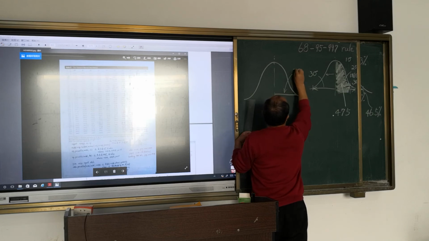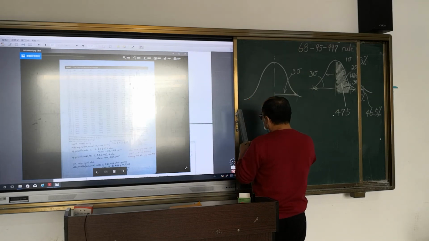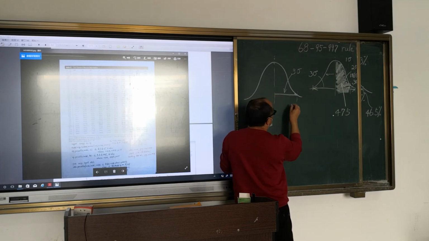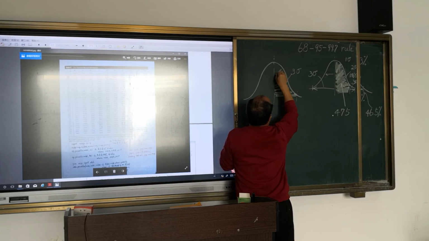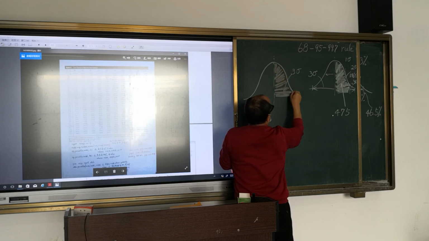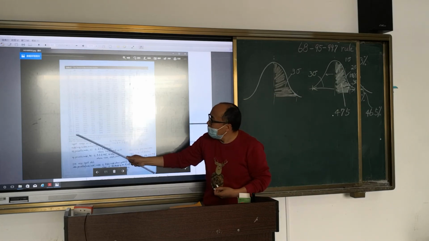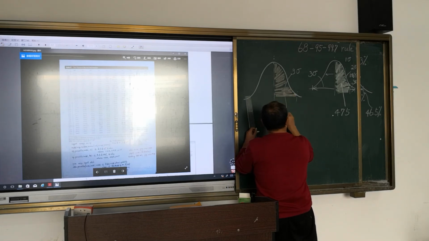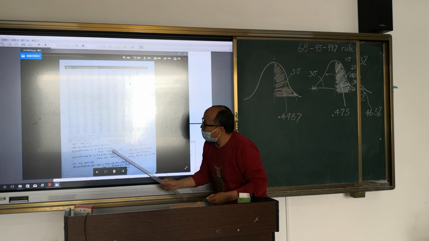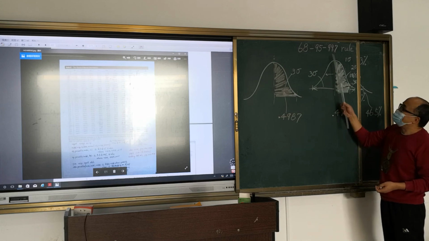Now it is 3 sigma. According to the table, how much is this area? 4987. You double it, it is 99.7.